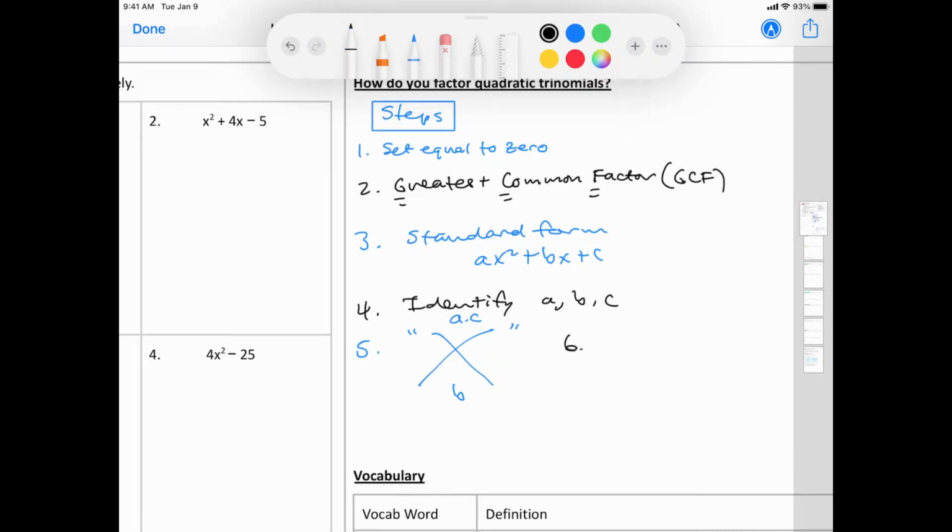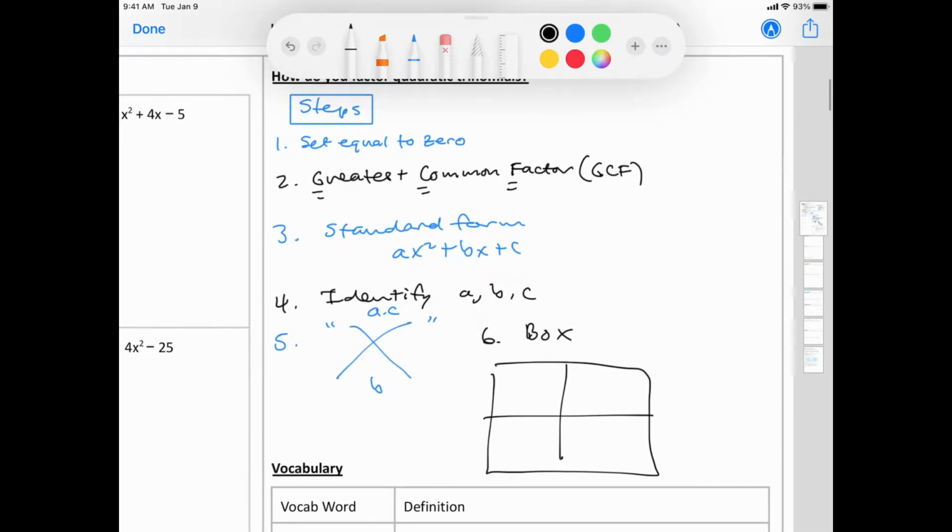Number 6, you're going to do the box. And the box looks like this. And what you put inside the box, I'll just use the above one as a help. You're going to put ax squared always in this part right there.